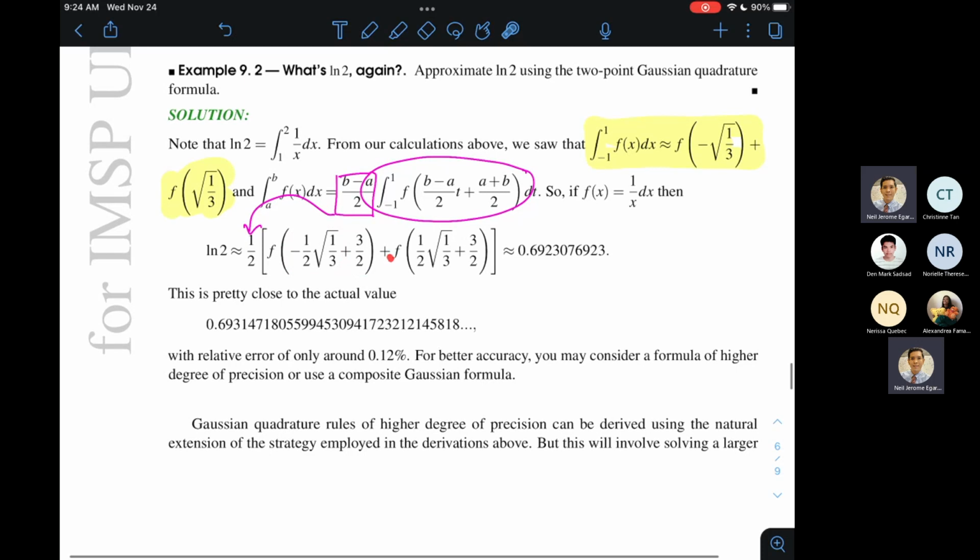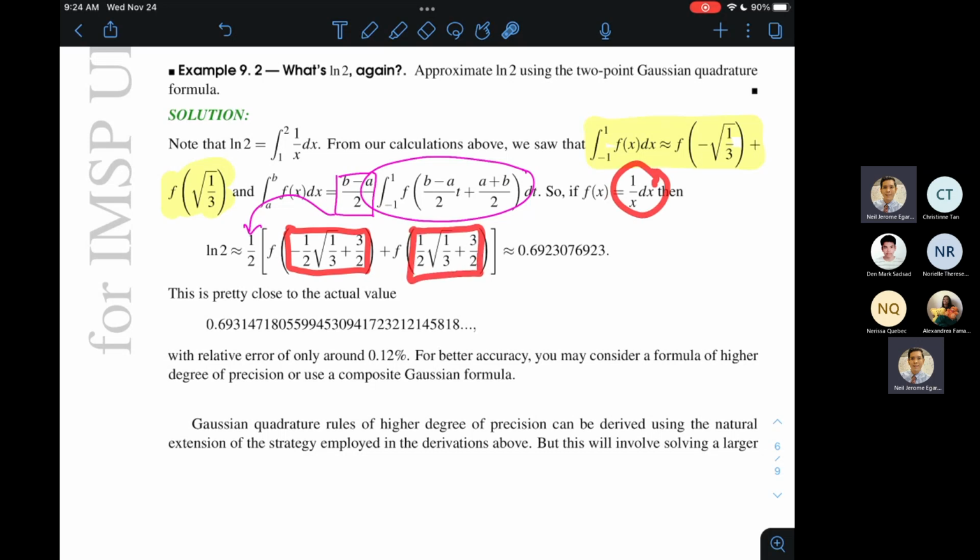Plus, yung weight ay 1, times the function value, supposedly at positive root of 1/3. However, the integration interval is not -1 to 1, so I need to translate root of 1/3 to a number between 1 and 2. So gagamitin ko ulit yung formula na to with t equals root of 1/3, I get this. Tapos, etong x value na to, ito yung ipa-plug in ko kay f.